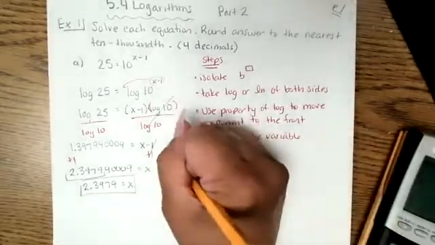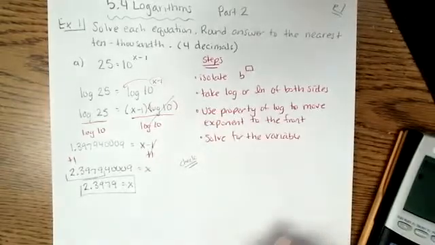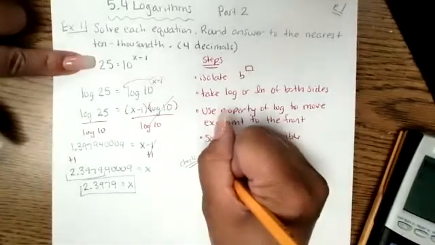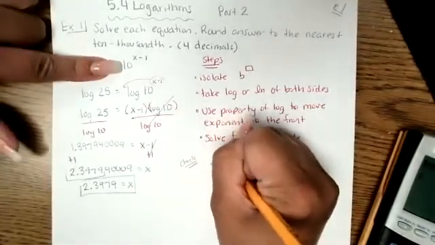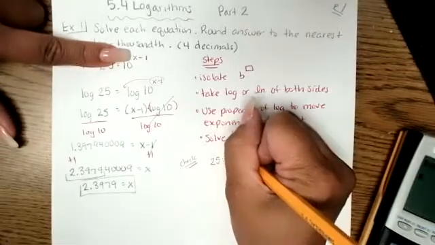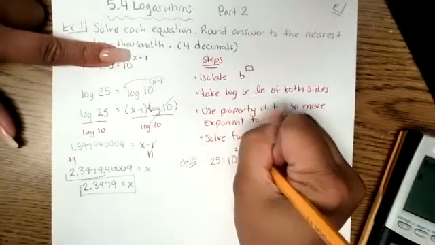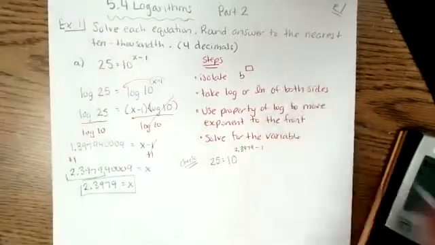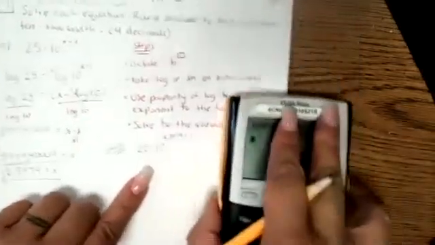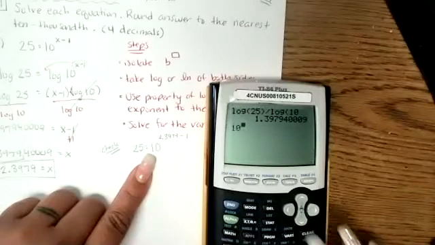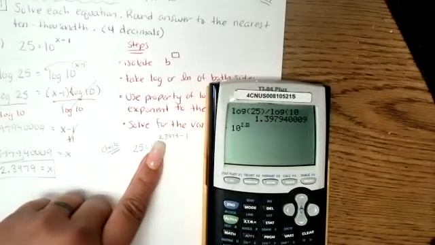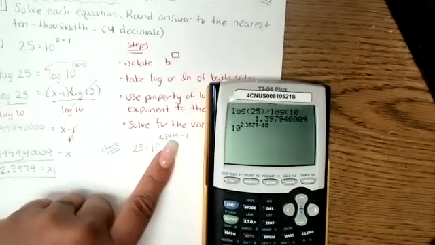Now to check your answer, I have 25 equals 10 to the x minus 1. Now the x is, I'm going to plug in 2.3979 minus 1. So let me plug that in. So I have 10 raised to the 2.3979 minus 1.